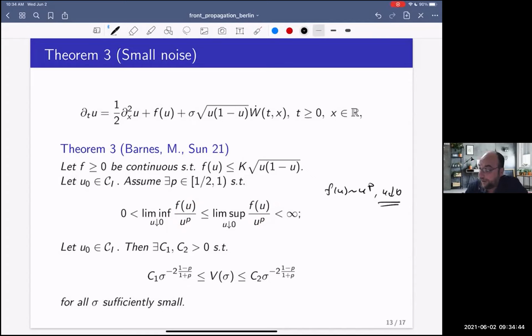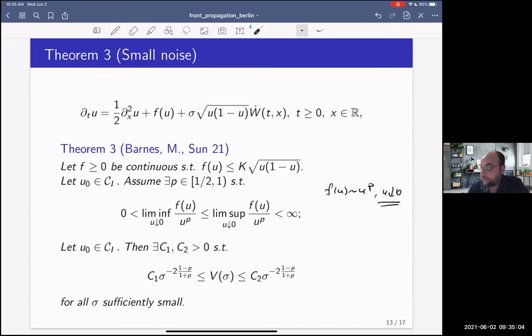Okay, and it turns out that the speed of propagation of the front of this equation in fact behaves like sigma to some negative explicit power. The power is here: -2(1-p)/(1+p).